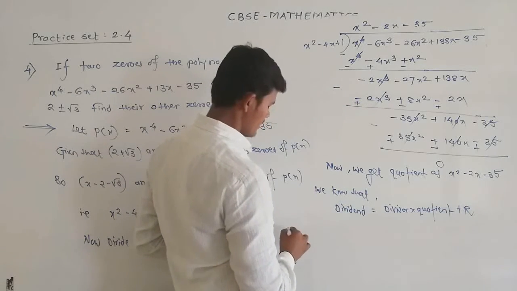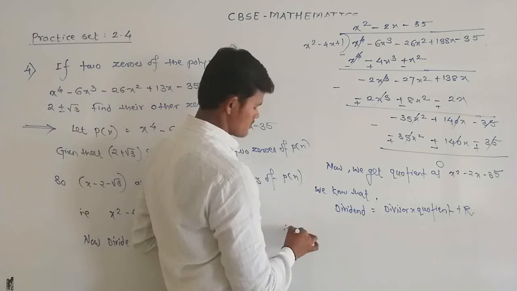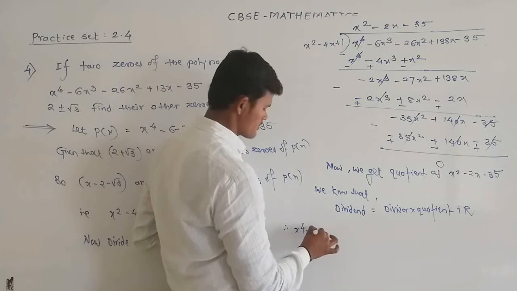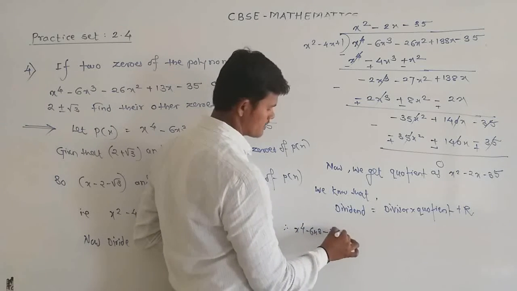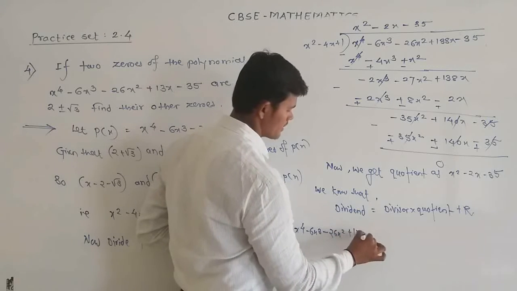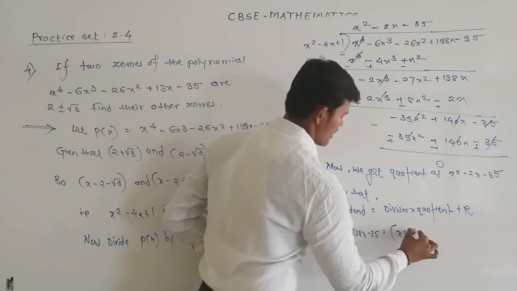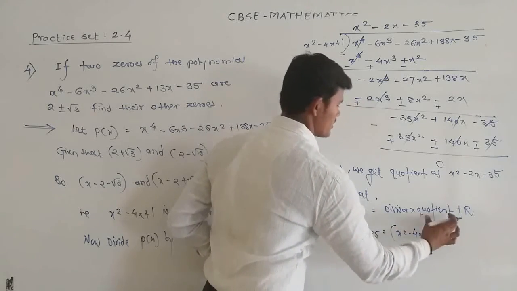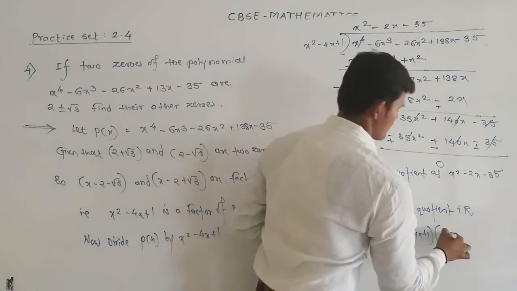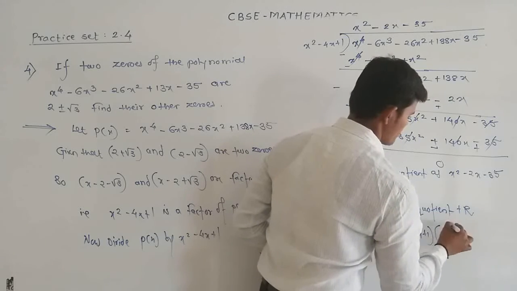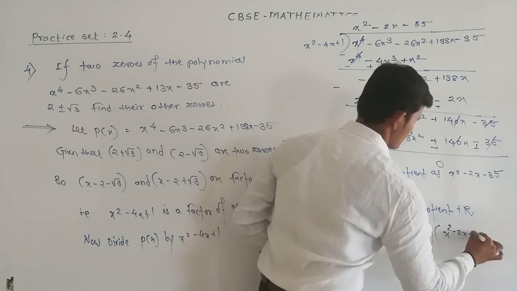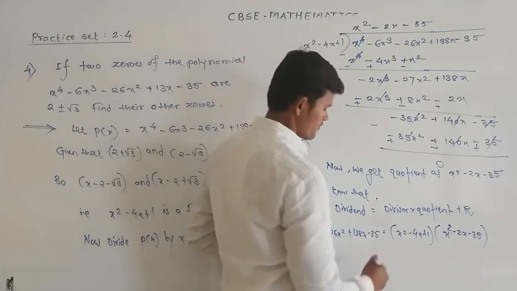So the dividend is x raised to 4 minus 6x cube minus 26x square plus 138x minus 35 is equal to divisor x square minus 4x plus 1. Here the quotient is x square minus 2x minus 35, remainder is 0.